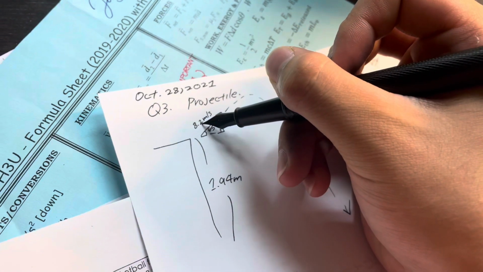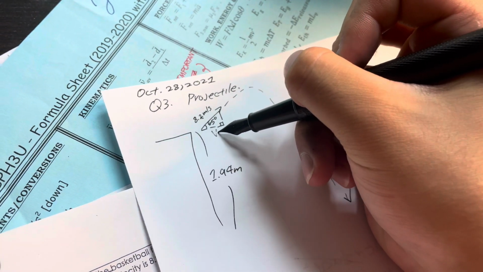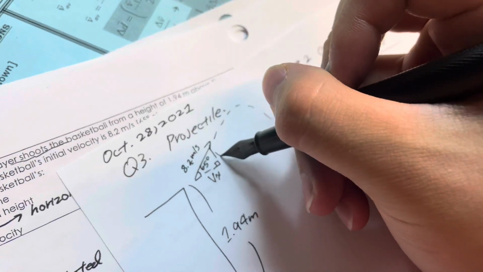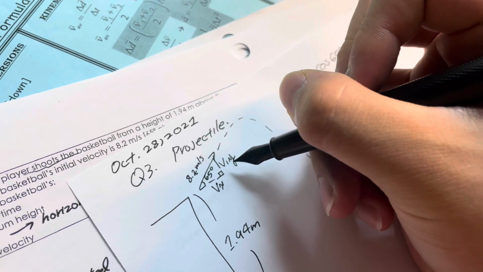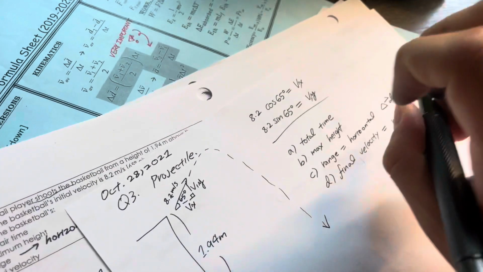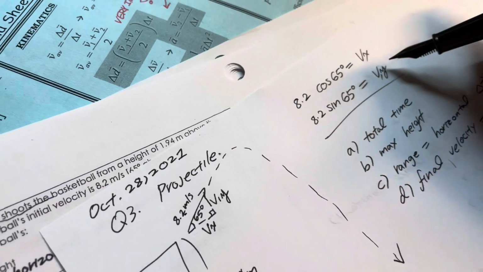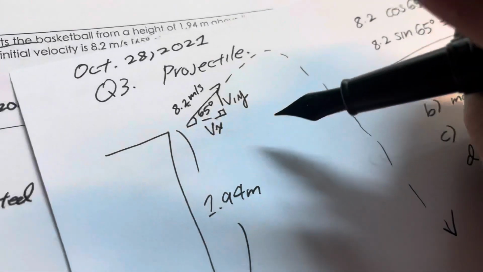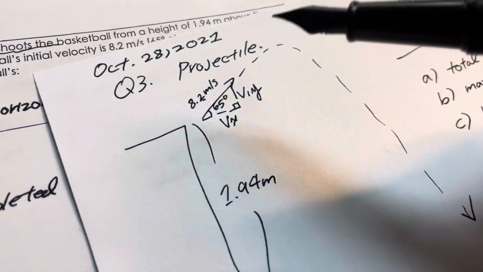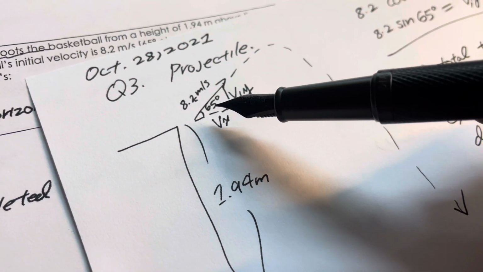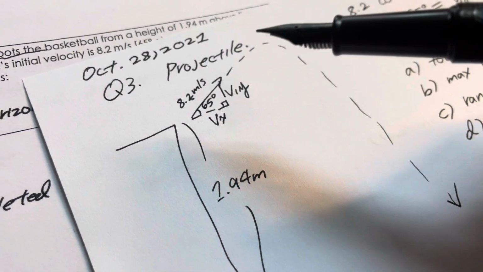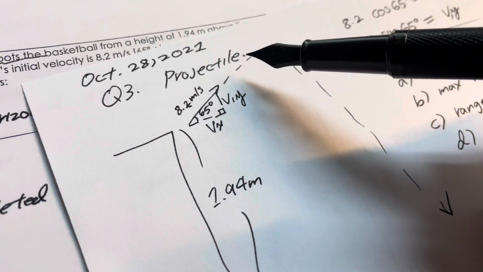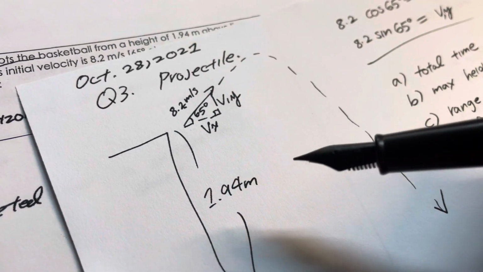So this is V1. This is the horizontal velocity. This is the vertical initial velocity, so I had it V1y. If you draw this triangle, you can see that cosine 65 equals adjacent over hypotenuse.